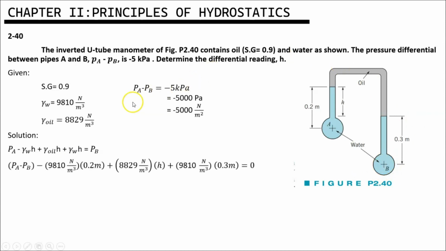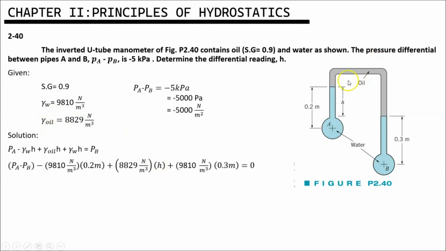So by transposing the pressure at B from here to here, we get the pressure differential between pipes A and B, minus 9,810 Newton per cubic meter, which is the specific weight of water, times 0.2, the height, plus 8,829 Newton per cubic meter, which is the specific weight of oil.